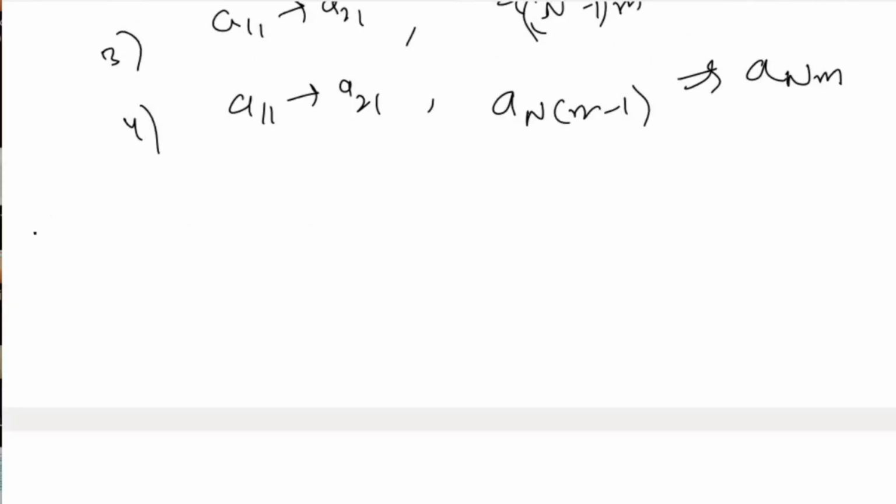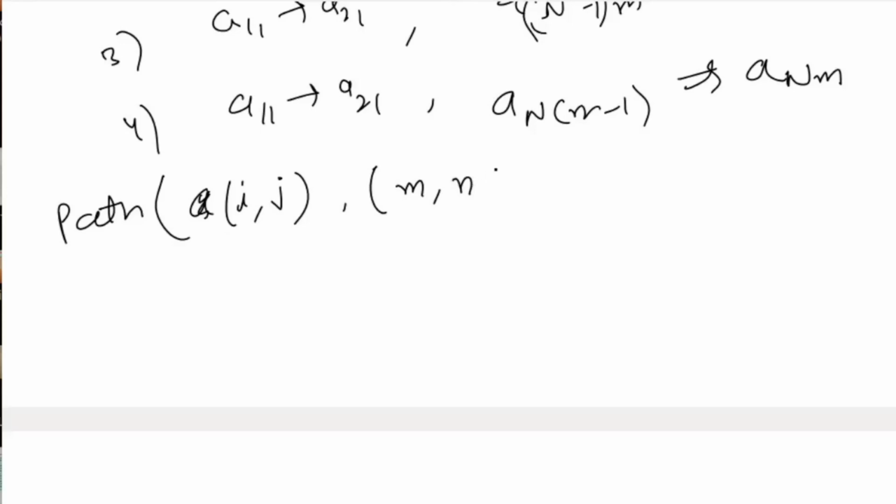So let's say there is some function, let's name it path. Let's say our starting cell is I comma j and our ending cell is, let's not name it m comma n, let's name it x comma y.